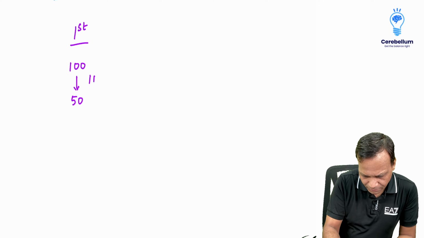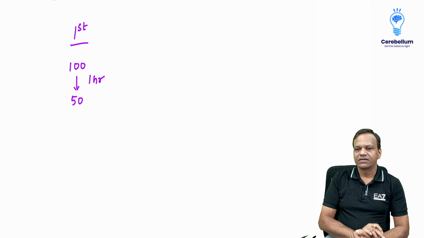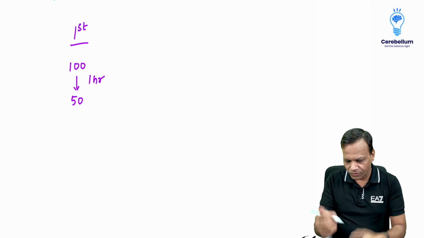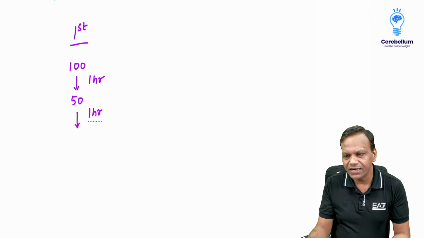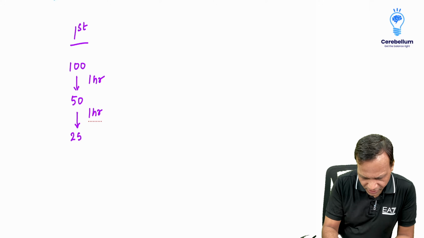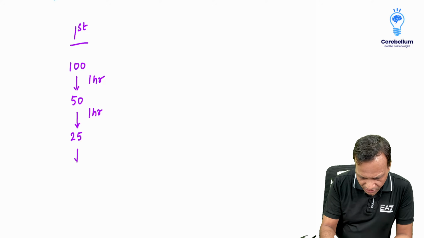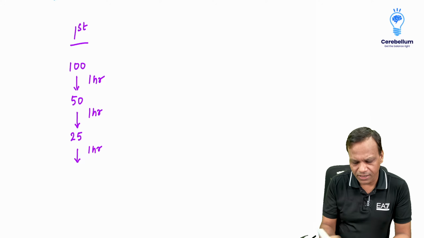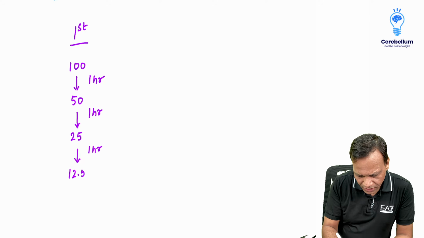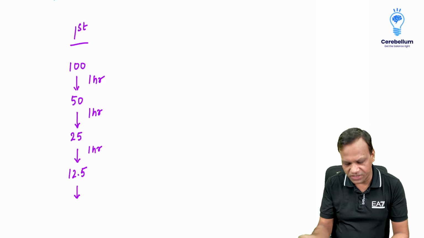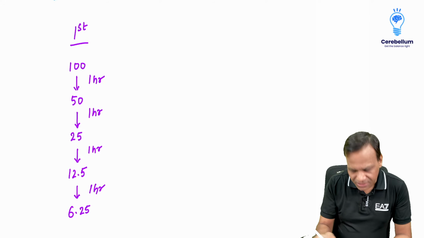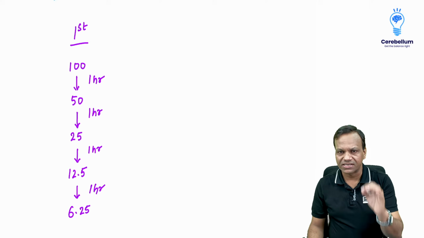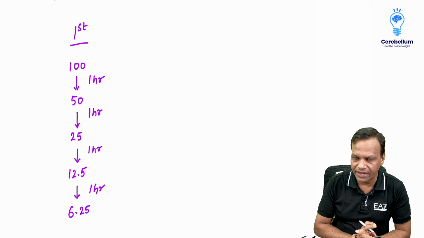We have taken the example of 50%, so 50% will be eliminated every hour. In the next hour 50% of this will be eliminated, so it becomes 25. In the next hour 50% of this is eliminated, that is 12.5. In the next hour, 6.25. So in the same time, the same percentage or same fraction is eliminated.